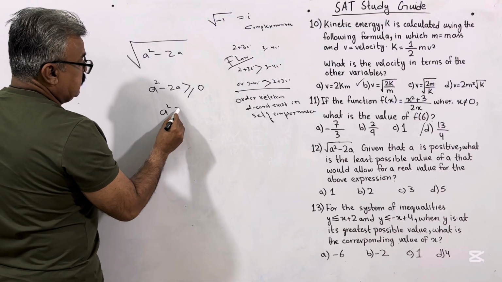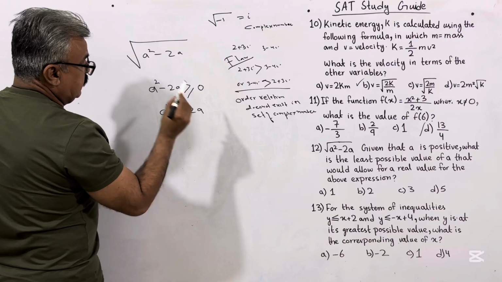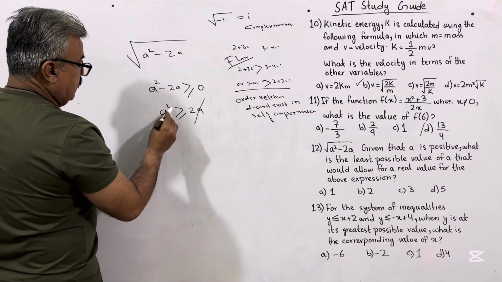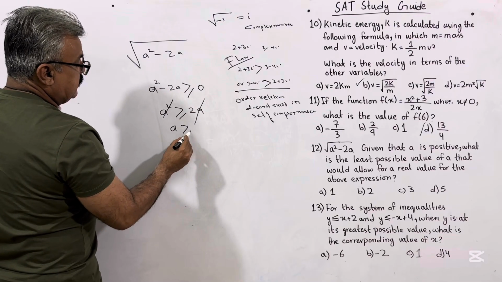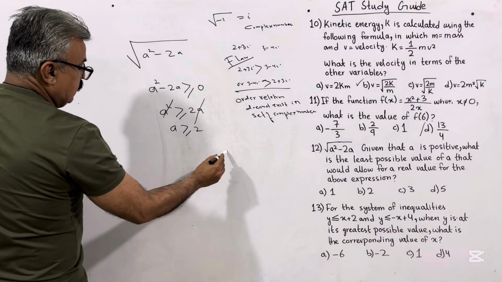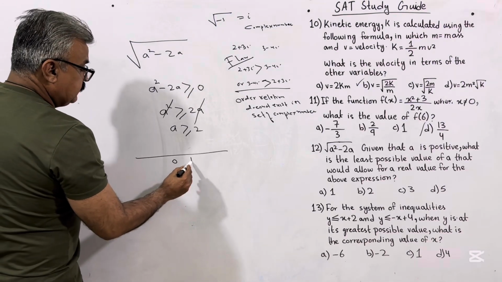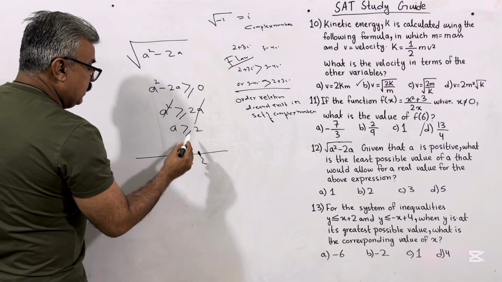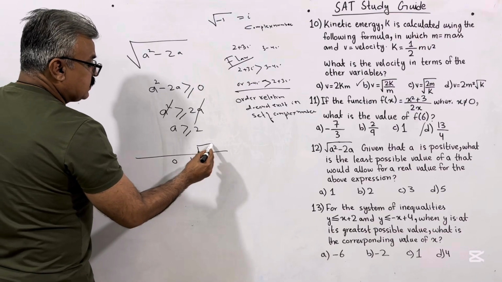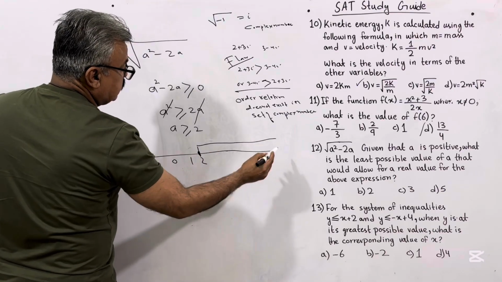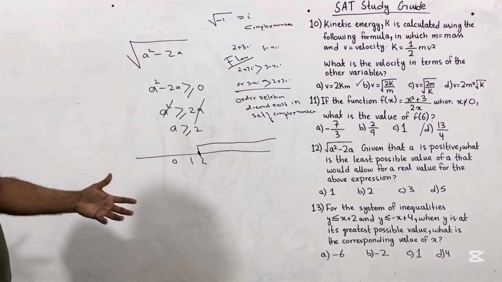a square is greater than or equal to 2a, so a is greater than or equal to 2. So all the numbers from 2, including 2, towards the right give us a real value.